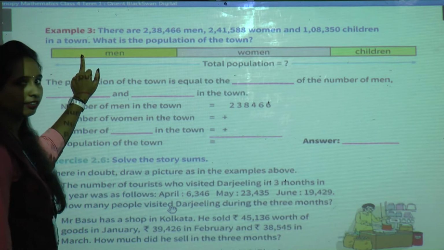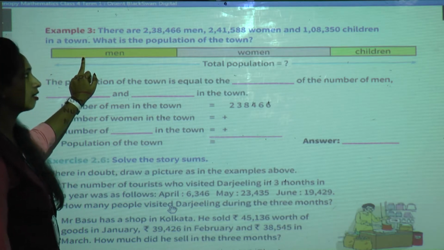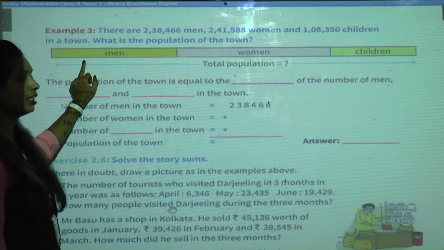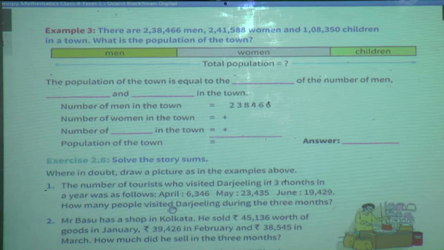Town means? Yes students, tell me, does town mean village or city? You should know the meanings.